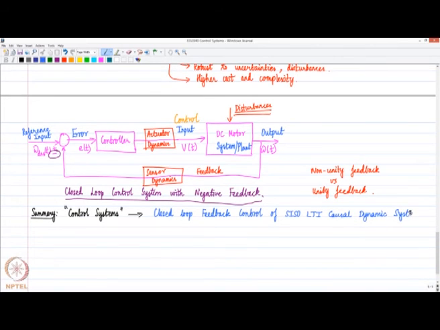So that is what we are going to do in this particular course. That is the class of systems that we are going to study, SISO LTI causal dynamic systems, and we are going to do what is called closed loop feedback control of this class of systems.